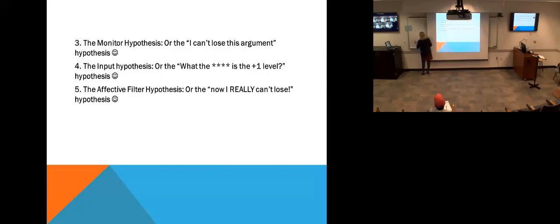So this is why I call it the "now I really can't lose" hypothesis. Because even if it's acquired, which should mean that you now talk like a first language child, if your affective filter is too high, you're not going to be able to acquire that input.